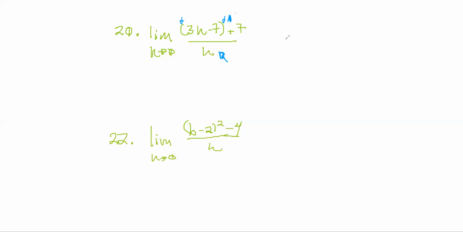This isn't squared or anything. So you can rewrite this as 3h minus 7 plus 7 over h, and then those two will cancel. You end up with 3h over h. The h cancels, so the limit as h approaches 0 is 3.